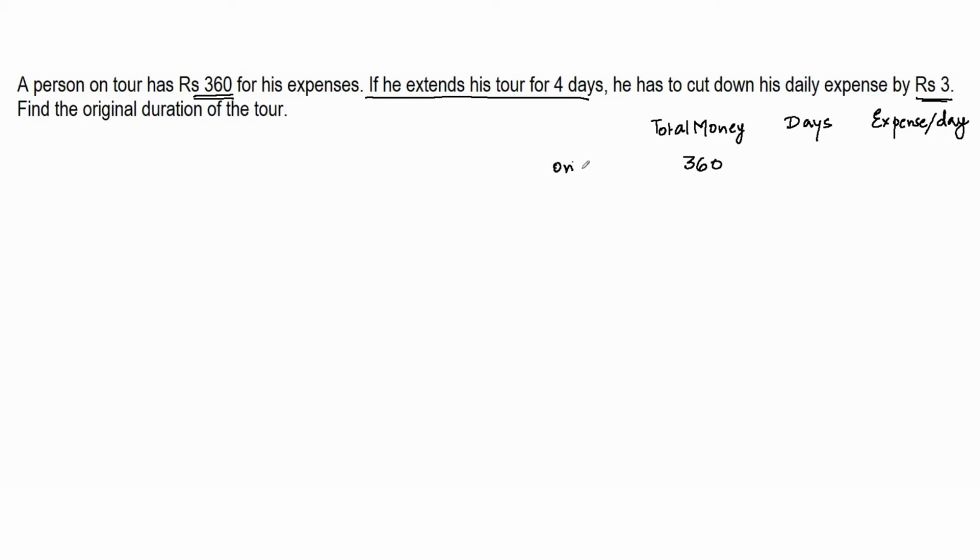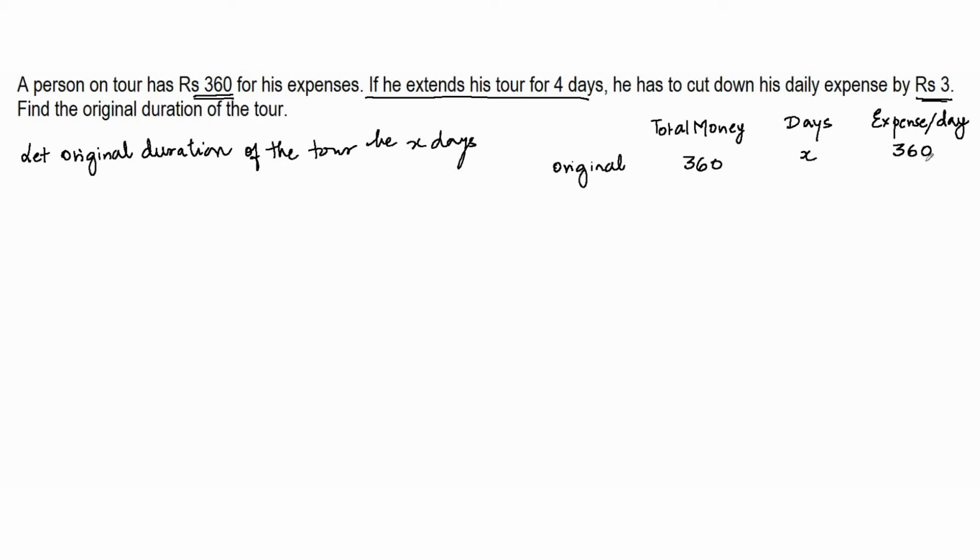This is the original case, and let the original duration be x. So let me assign the variable. Let the original duration of the tour be x days. Now if you have 360 rupees which you are spending in x days, that means per day you are going to spend 360 upon x, right?